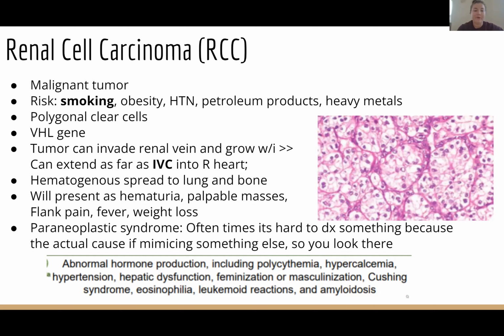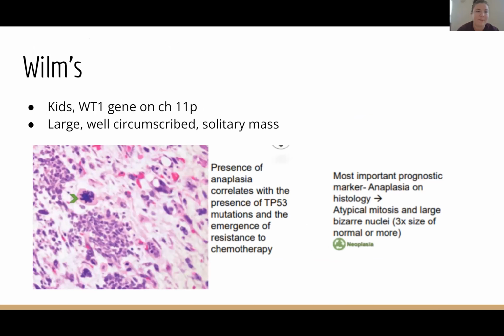So abnormal hormone production. It uses Cushing syndrome as an example. All of these different things have nothing really to do with the renal cell carcinoma, but the paraneoplastic syndrome is acting like it's something else. So you could be worked up for something that has nothing to do with the actual cause. That's paraneoplastic syndrome. I'm pretty sure this is one of the first times they introduce it to you, but it becomes really big later.